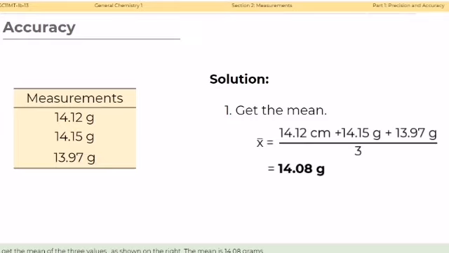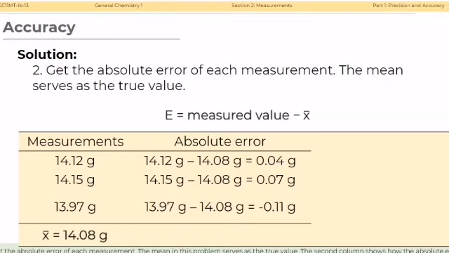The mean is 14.08 grams. Next, get the absolute error of each measurement. The mean in the problem serves as the true value, and the second column shows how the absolute errors are obtained.